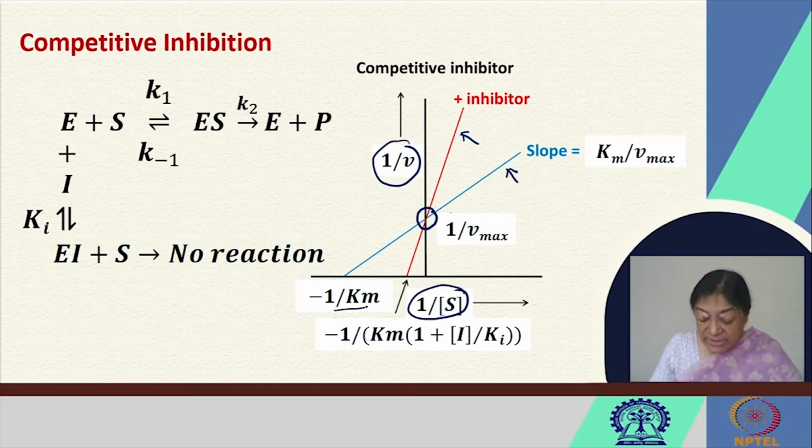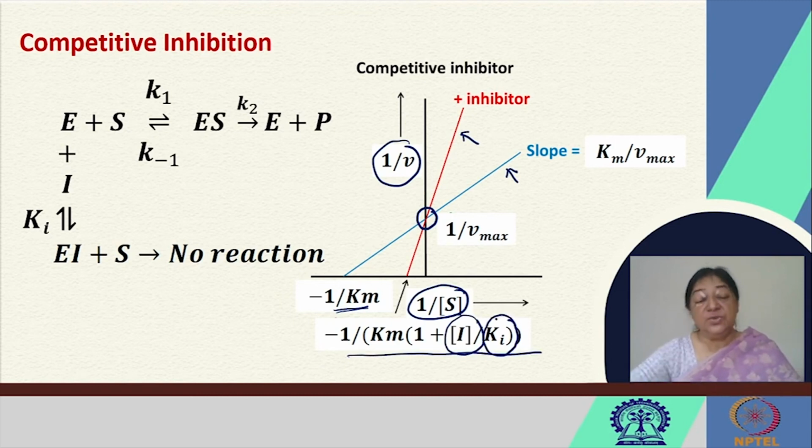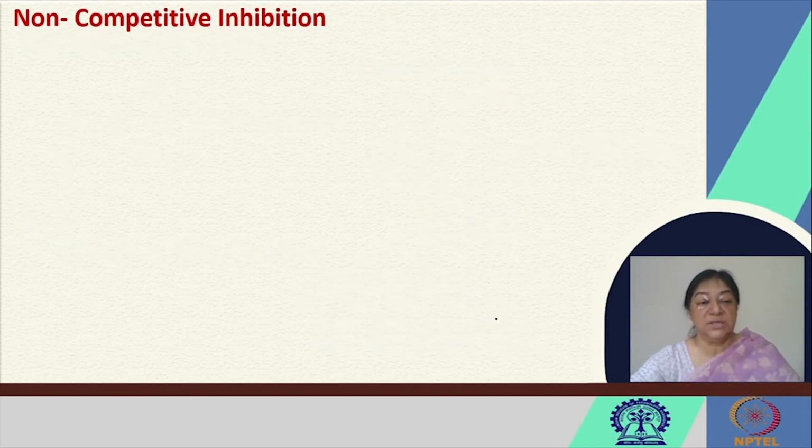In the original case, we had 1 by Km. Now we have an inhibitor concentration and a dissociation constant, the Ki value or the inhibition constant associated with the inhibitor, that is going to give us a modified Michaelis constant.